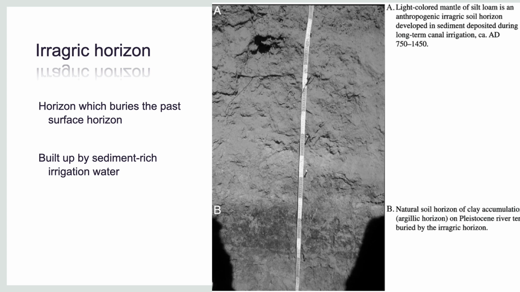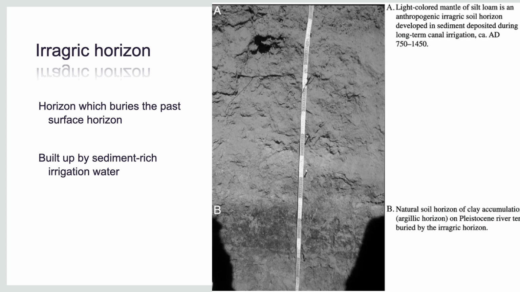If we have an intense and long irrigation, we can add material at the soil surface and sometimes create a thick horizon like this one.